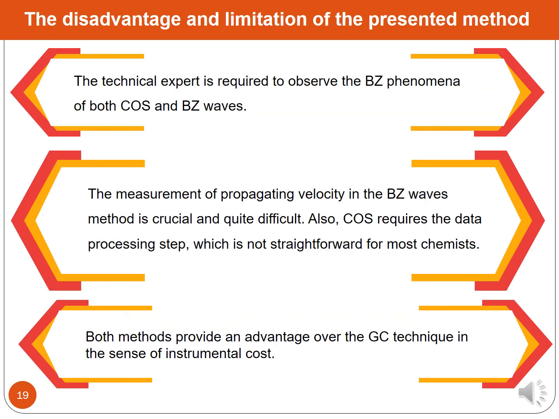The disadvantages or limitations of the present method compared to the GC method can be summarized here. A technical expert is required to observe the BZ phenomena of both COS and BZ wave. This is a limitation of the proposed method. The crucial step is the measurement of the propagating velocity in BZ wave. This step is quite difficult, so it can be a disadvantage and limitation of the BZ wave.